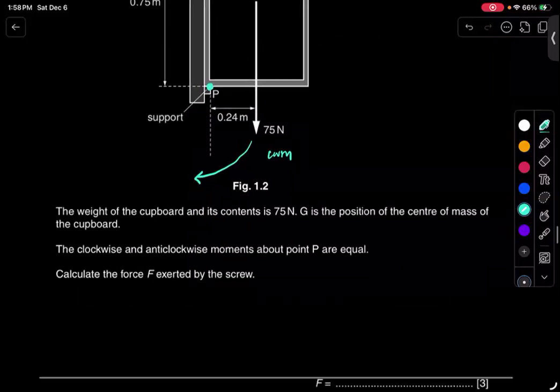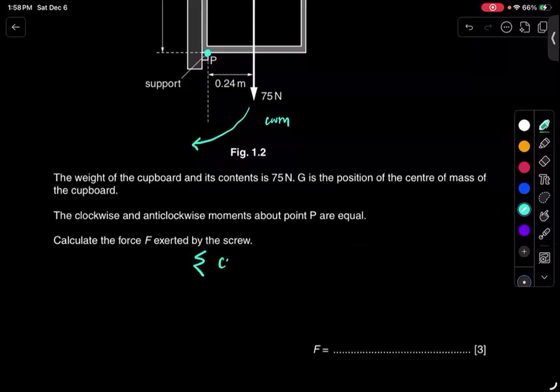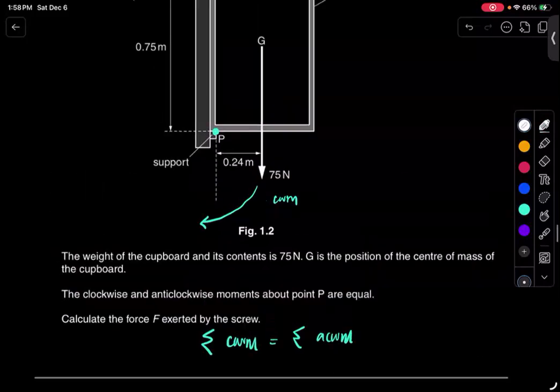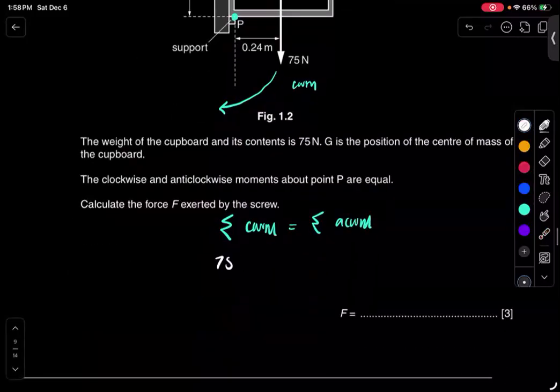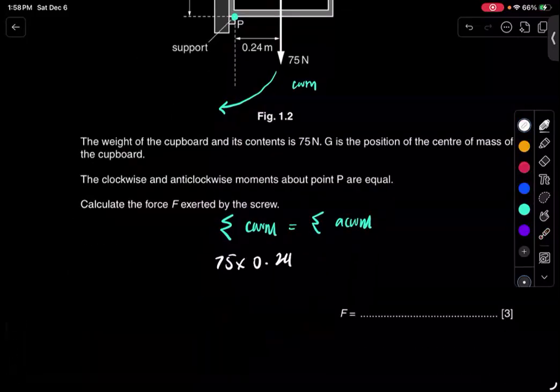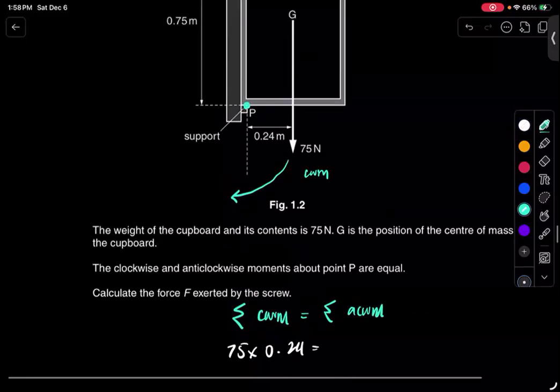So always write down sum of clockwise moments equals sum of anti-clockwise moments. The clockwise moment is just the force of the weight, which is 75 newtons, times the perpendicular distance from the pivot. That's 75 into 0.24. And what is the anti-clockwise moment?